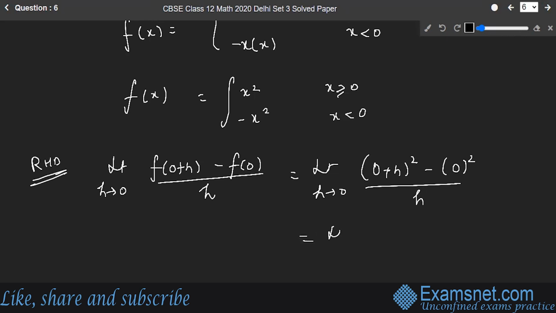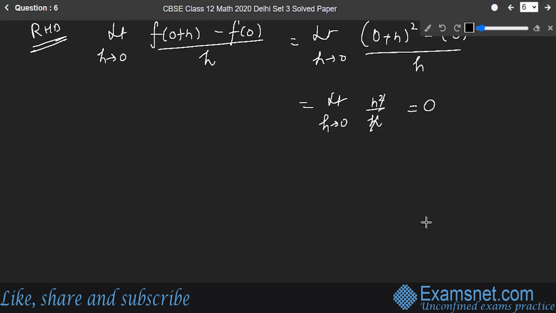This will be equal to limit h approaching 0, h square upon h, and this is 0. So this is equal to nothing but 0. The h will cancel, and the right hand derivative will be equal to 0.